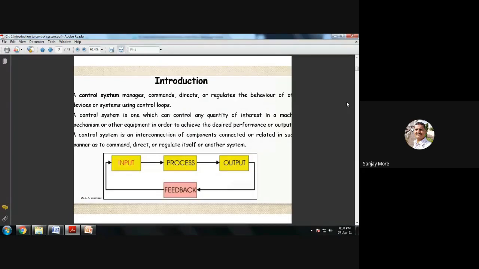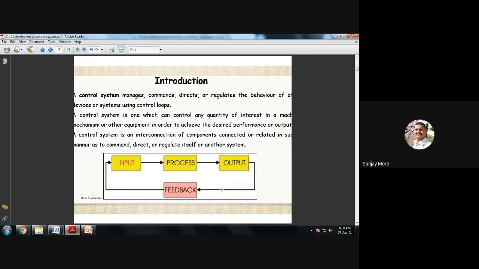See the block diagram. Here input, process, output, and there feedback is there. Means control system is based on the basic four parameters: input, process, output, and feedback. Okay.